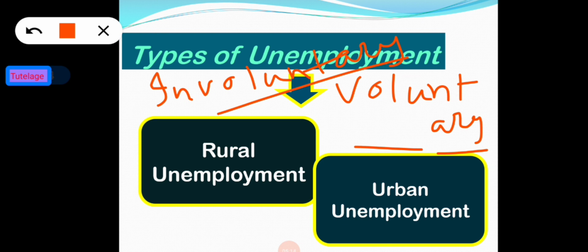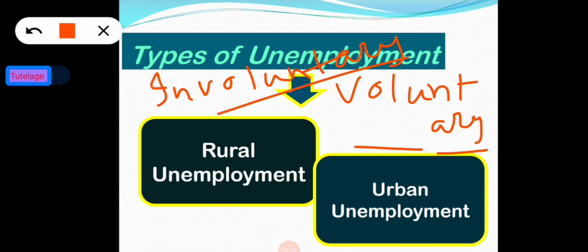So voluntary is related to those unemployed by their choice, but involuntary unemployment is not related to being unemployed by choice. Involuntary unemployment basically refers to a situation when the person is without work involuntarily, not by his or her choice.